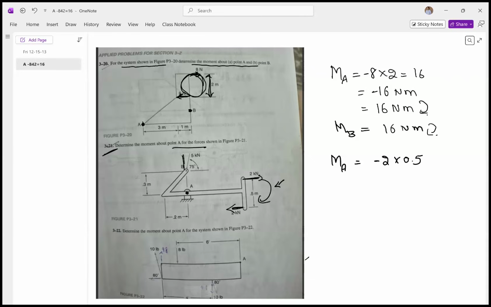So let's draw the components of force at this particular point. This will be 5 if I complete the triangle like this. This angle is 75 degrees. So the vertical component in this case is 5 sine of 75, and this is 5 cos of 75.